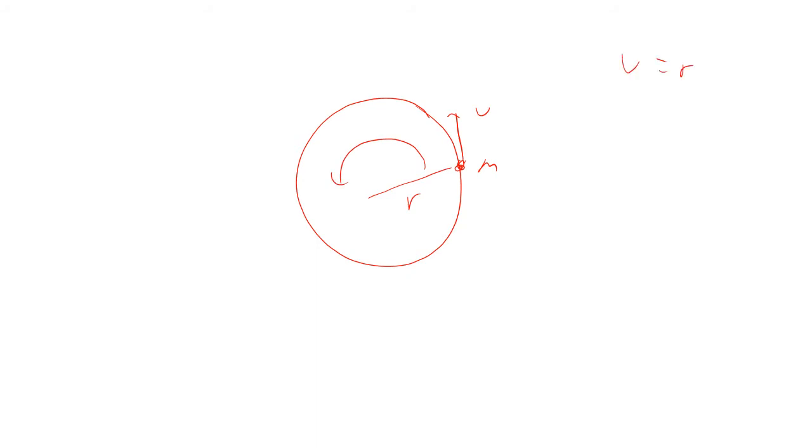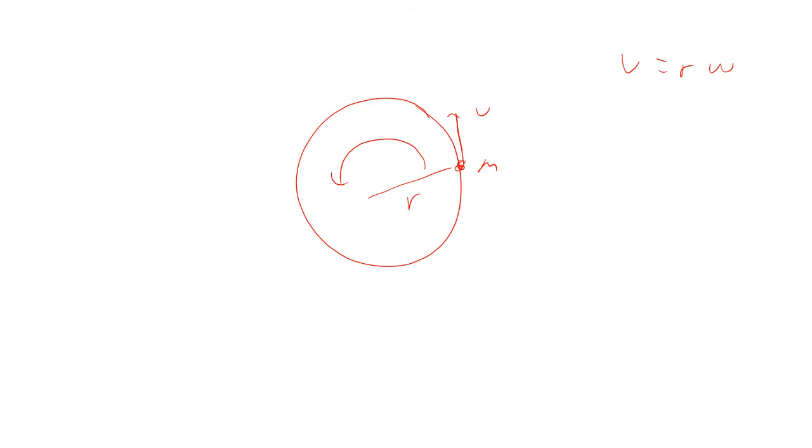Okay, so right-hand rule. If you've got an object right here, some mass m, moving with some velocity v at some radius r, going around, we know v equals r omega, and I exert a force on it.